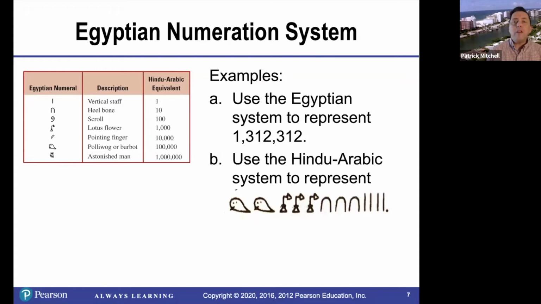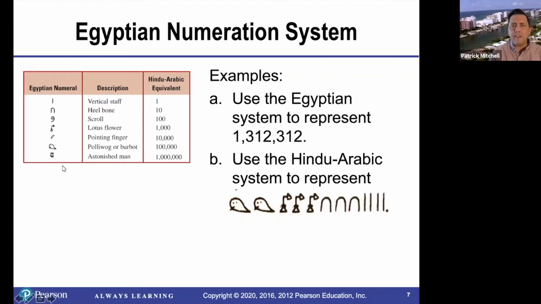All right, let's look at some examples of numeration systems, starting with the Egyptian numeration system. So first, we're going to use the Egyptian system to represent 1,312,312. And then we'll use the Hindu-Arabic system, which remember is our system, to represent this number. So we're kind of going in both directions here. So the Egyptian system is pretty simple, other than the characters that you have to learn to draw.